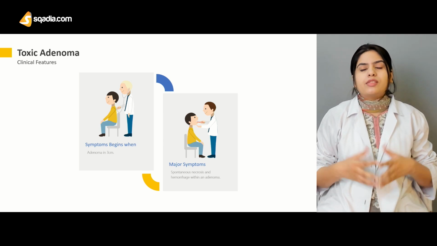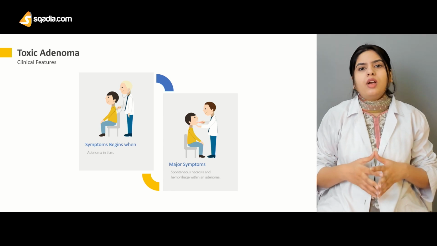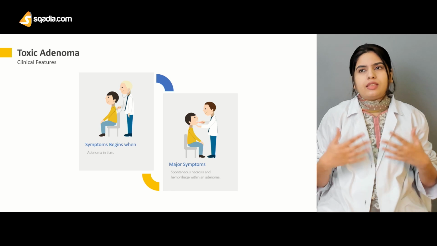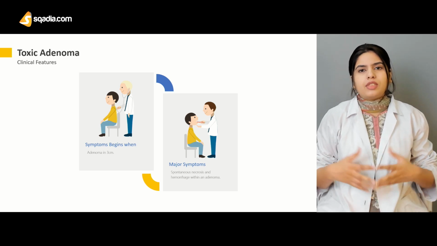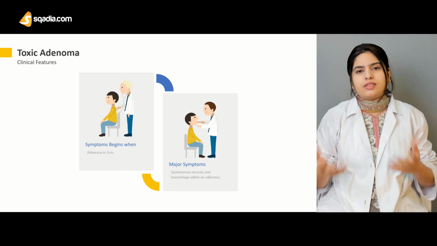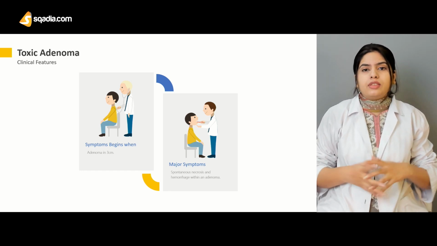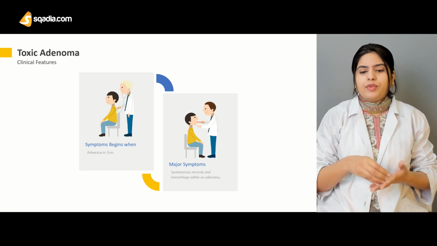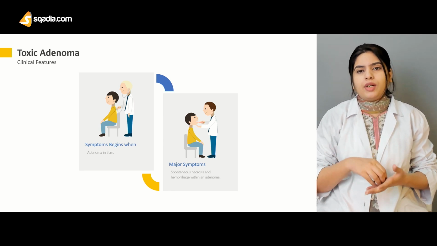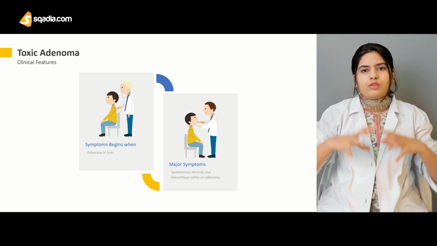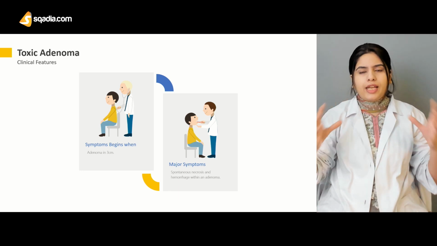Then the patient will experience symptoms related to different parts of the body, like gastrointestinal symptoms and neurological symptoms, as we discussed earlier. The major symptoms are because of the necrosis and the hemorrhage that take place within the adenoma. As I told you, it is a giant nodule that grows up and forms an adenoma.